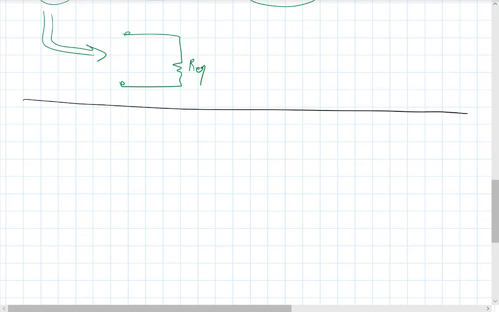So let's draw the same thing. So again, find the equivalent resistance.